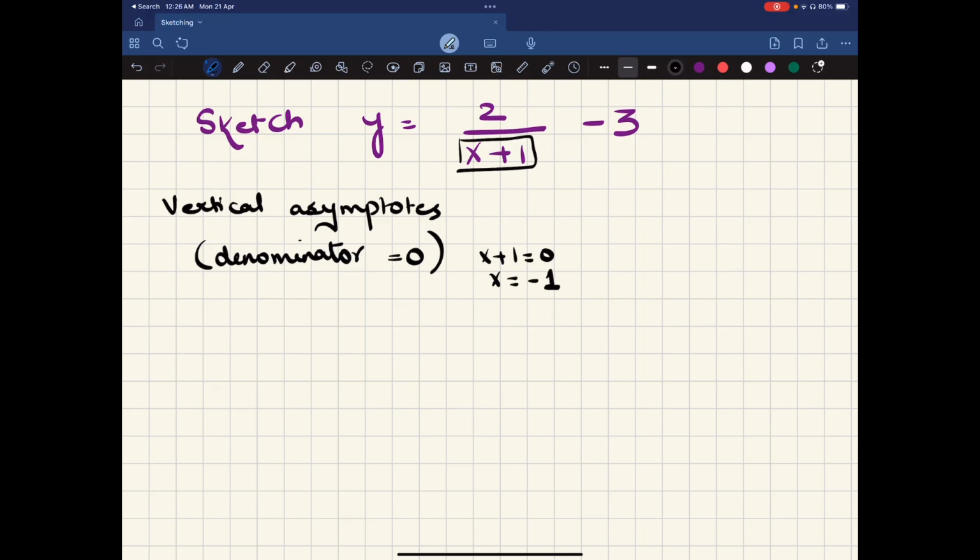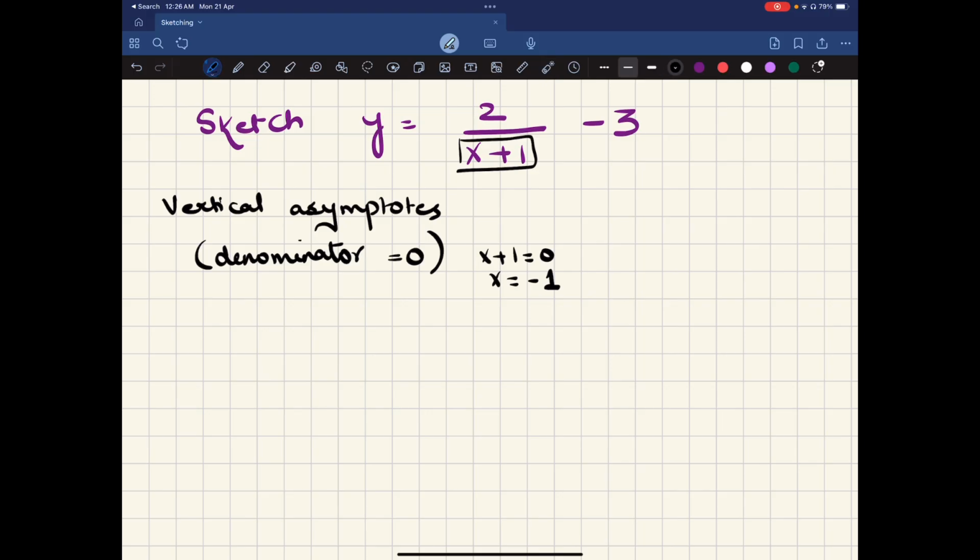This is the equation for your vertical asymptote. Why? Because if you place negative 1 in the denominator, negative 1 plus positive 1 is going to give us 0. So 2 divided by 0 is not possible. Division by 0 is not possible, and our function would become undefined at this point. Therefore we have a vertical asymptote at x equals negative 1.